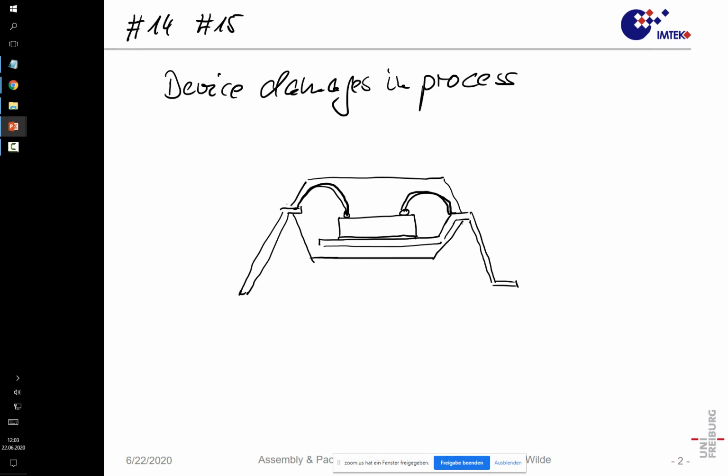And there are several phenomena which are important here. The first thing which is important is the CTE mismatch between what?